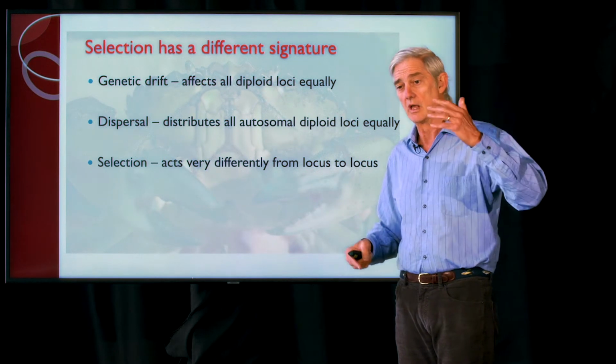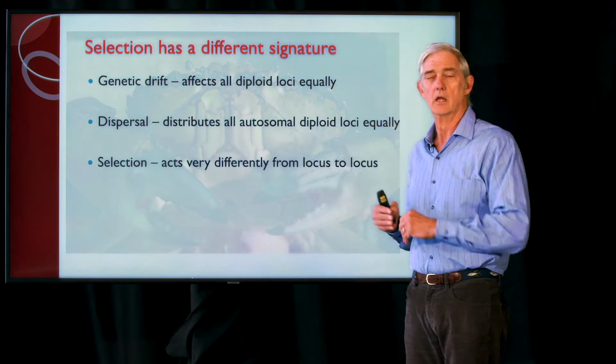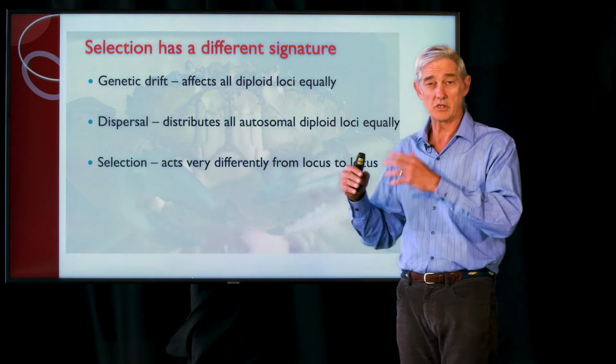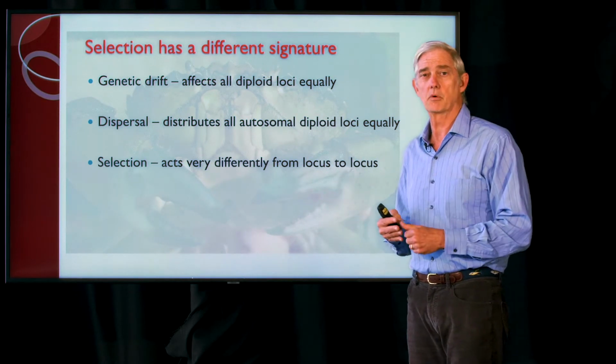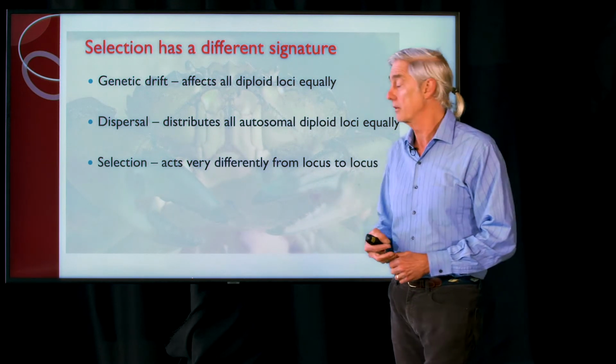And so as a consequence, genetic drift causes gene frequencies to change little by little year after year in all populations. Big populations, they don't change so much. Small populations, they change a bunch. The important thing is that it happens across virtually all loci the same.